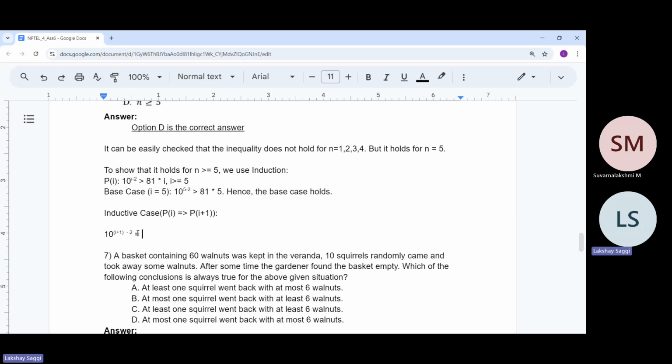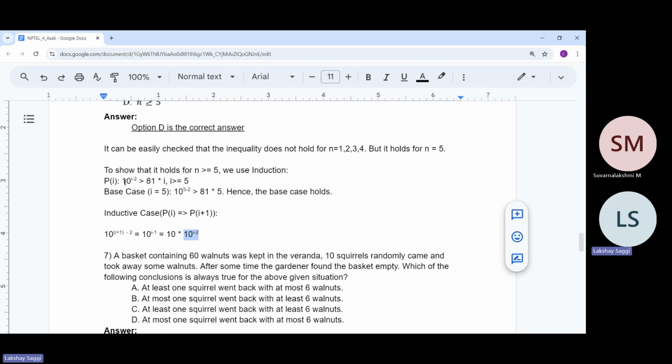Okay, maybe I should write it like this, first I should simplify this. 10 raised to the power i plus 1 minus 2 is nothing but i minus 1. And this is nothing but 10 times 10 raised to the power i minus 2. And why did I convert it into this i minus 2 form?